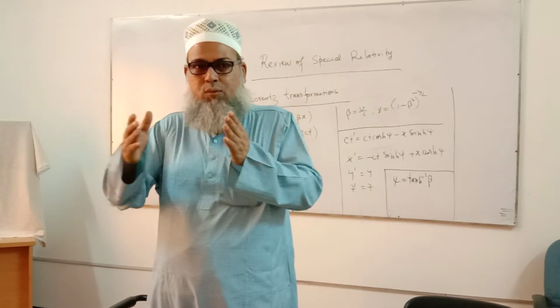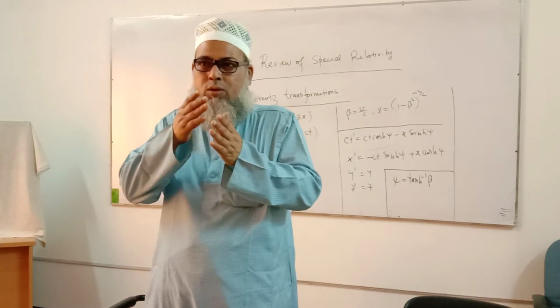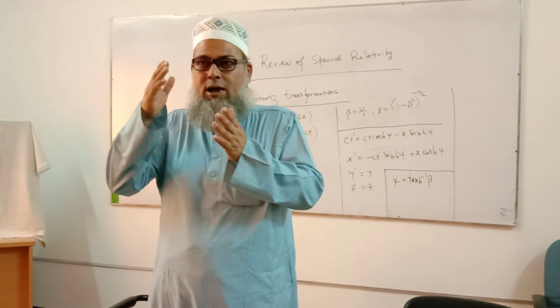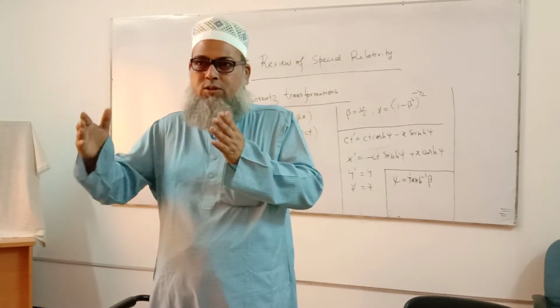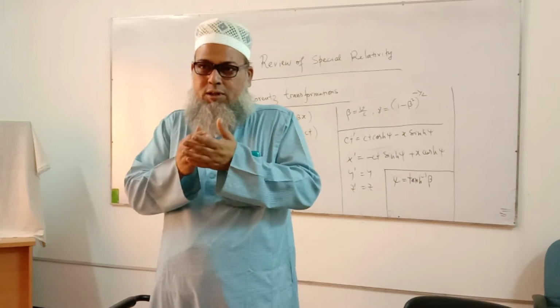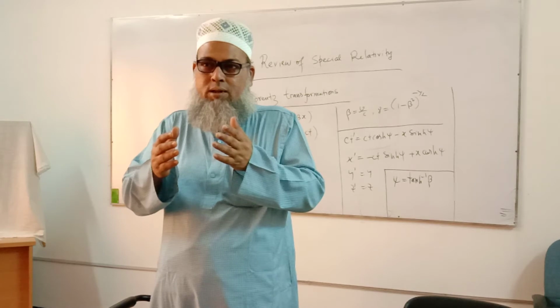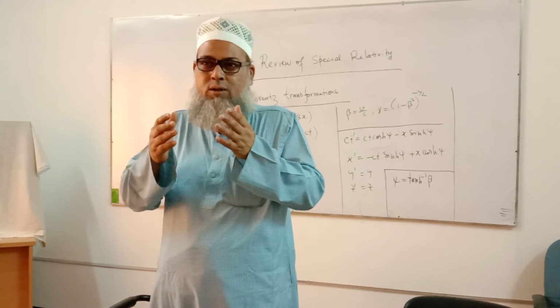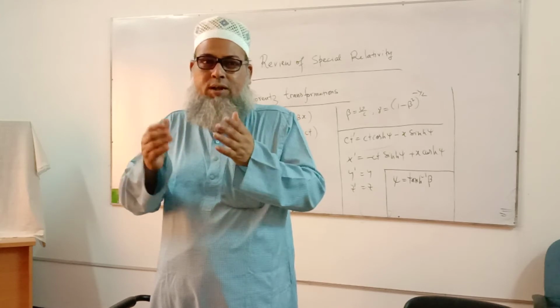Their origins were coincident at t equal to t prime equal to 0. And the S prime frame is moving along the x direction with constant velocity v. If this is the situation, then we call this a standard Lorentz configuration, or a standard inertial configuration.